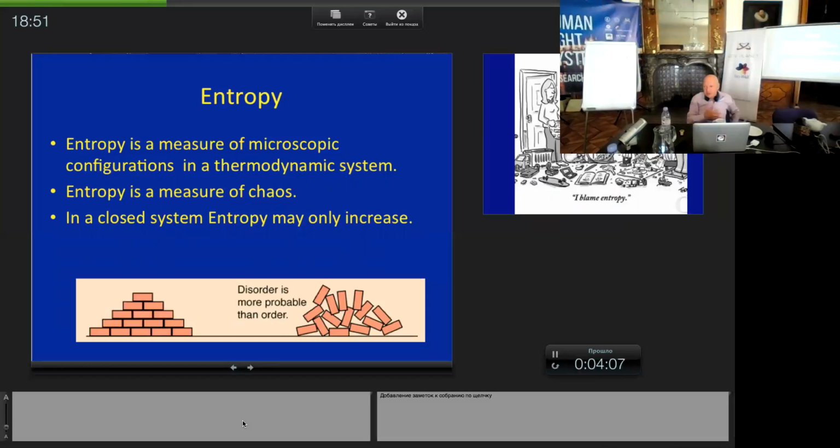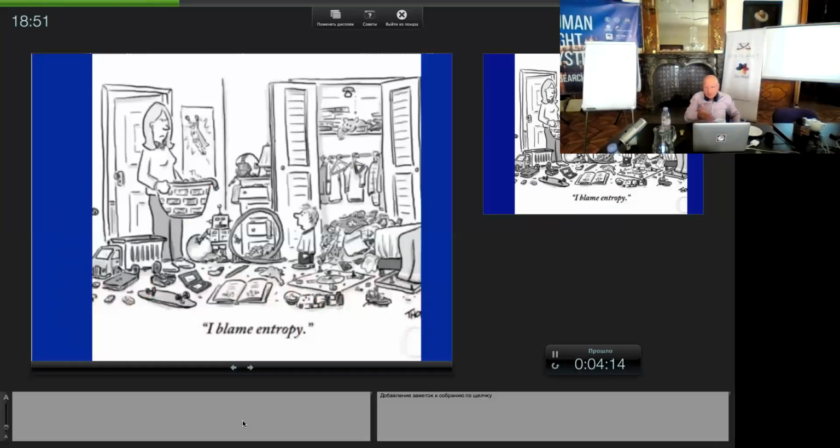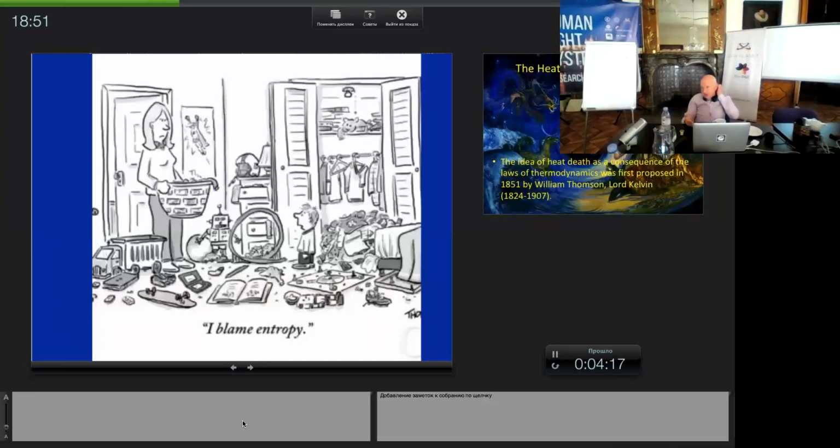So we have structured objects, but if we just leave them alone, they come to disorder, and entropy increases. And we see it in everyday life. In everyday life, entropy increases by itself. You know, this little boy says, I am not responsible, I blame entropy.